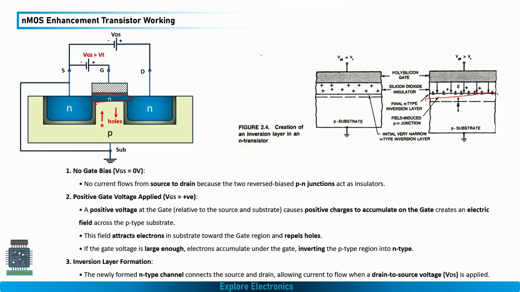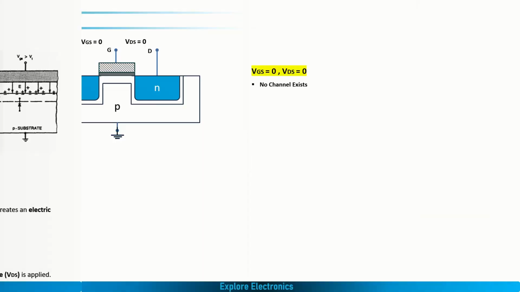You can see that compared to the first diagram, where VGS is nearly equal to VT and the channel depth is less, when VGS is more than VT the channel depth increases. We get a strong channel to create the connection between source and drain. A further increase in VGS makes the channel stronger, and if we start applying the voltage from the drain, current starts flowing between source and drain. That we need to understand next.